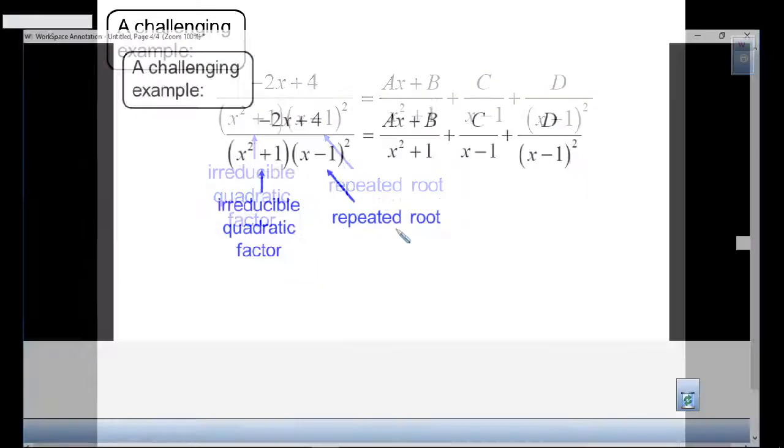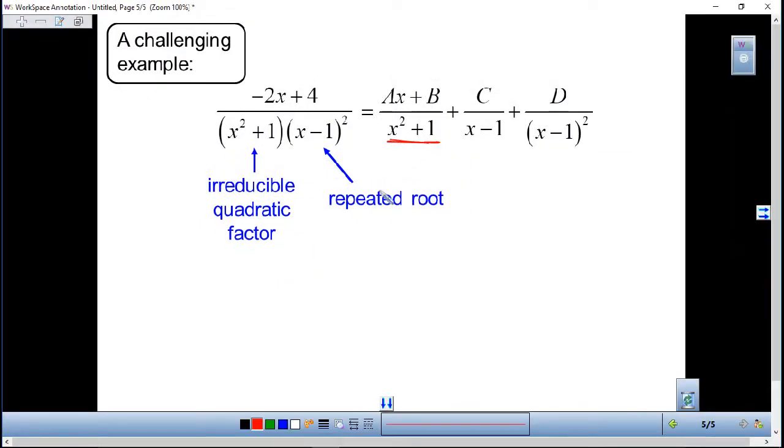So if this thing is irreducible, which we know it is, this is a quadratic, degree 2. On top, we're going to have to do a degree 1 polynomial, which is a linear. So let's say, for instance, that I had x cubed plus x minus 4, and let's say that's not reducible.